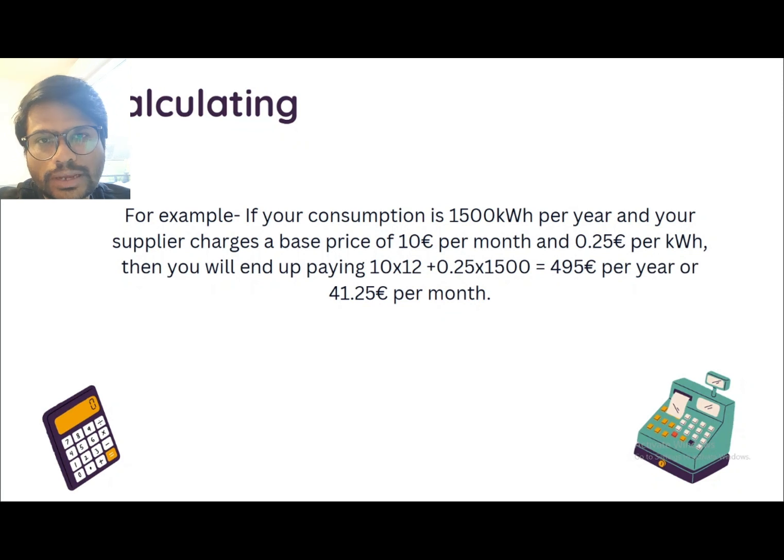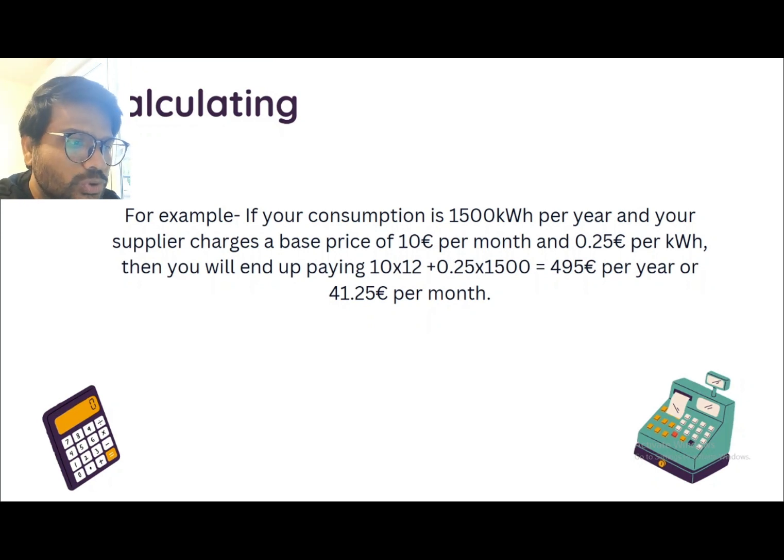So, how is it calculated? Let's say you have a consumption of 1500 kWh per year, and your supplier charges you a base price of 10 euros per month, which is a fixed price, and 0.25 euros per kilowatt hour, which is your variable price.